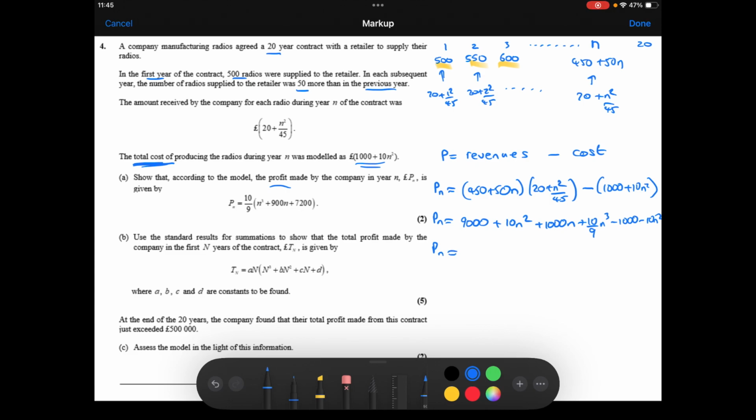Just simplifying that then, the 9,000 take away the 1,000 is 8,000. The 10n squared take away the 10n squared is gone. We've got the 1000n plus 10 over 9 n cubed. Rewriting that in order.